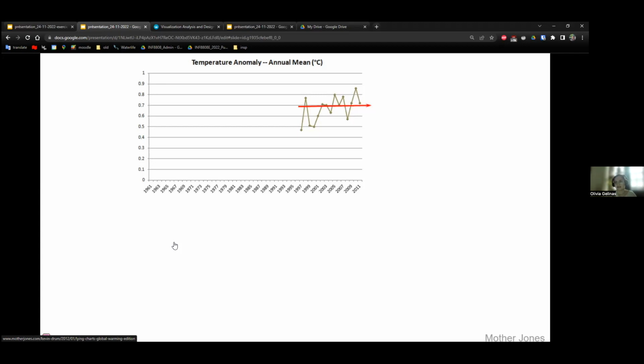But if not, we should analyze what X, Y, and Z represent, and whether I need to show all three dimensions. Can I let one go, or can one be encoded by another visual representation? Can Z become a color maybe, instead of being in the background in the graph? Can the band be a little bit darker or clearer? So try to use the other channels to show the information.